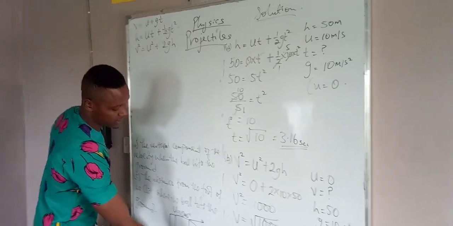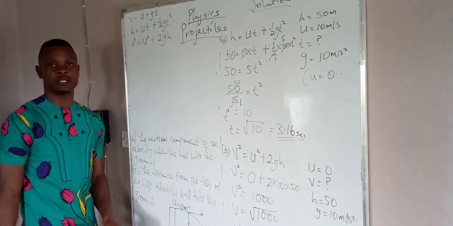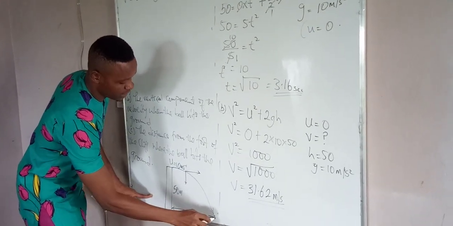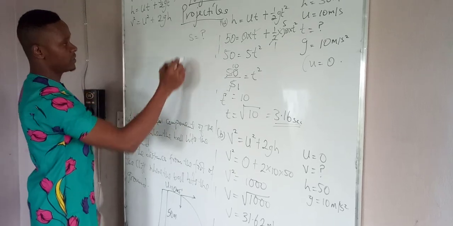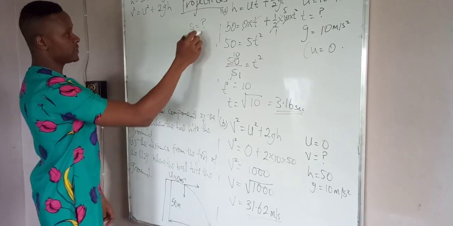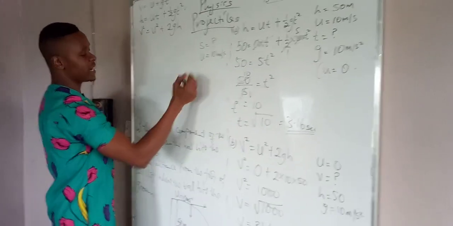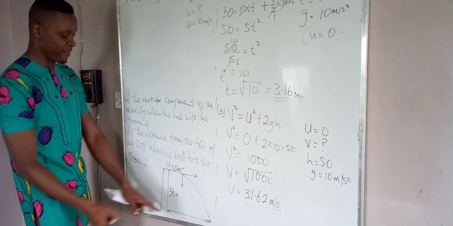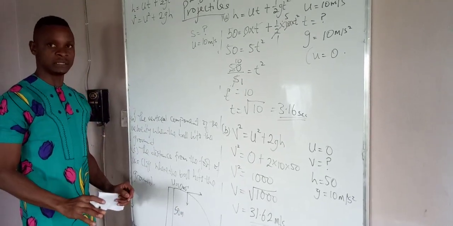So this is the distance it will get to where the ball drops to the ground level. So the distance from here to here we are asked to find. So we are looking for S when U is 10 meters per second, and recall that acceleration is 0. There is no acceleration going on there. Alright? So the body is not accelerating.